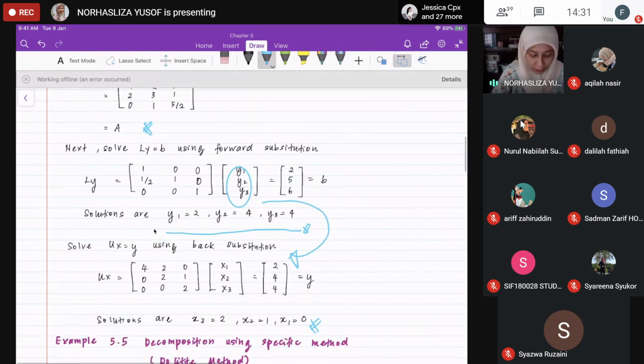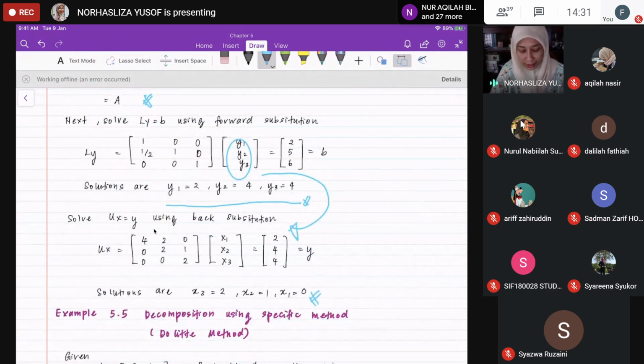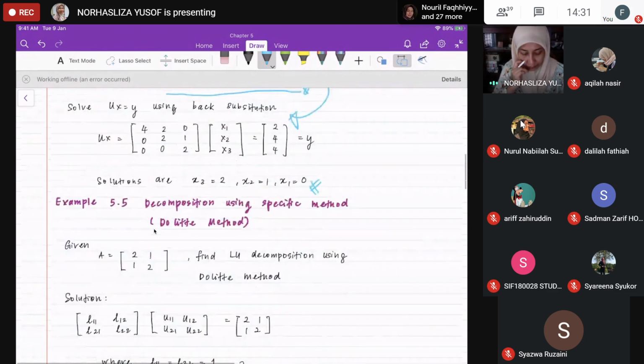So this one you are using forward, and this one you are using backward. The idea is just the same thing. Forward means that you solve for y1 first, then you move on to y2, y3. Backward means that you solve by the largest value. In this case it is x3, and then you solve x2 and x1. That is backward.